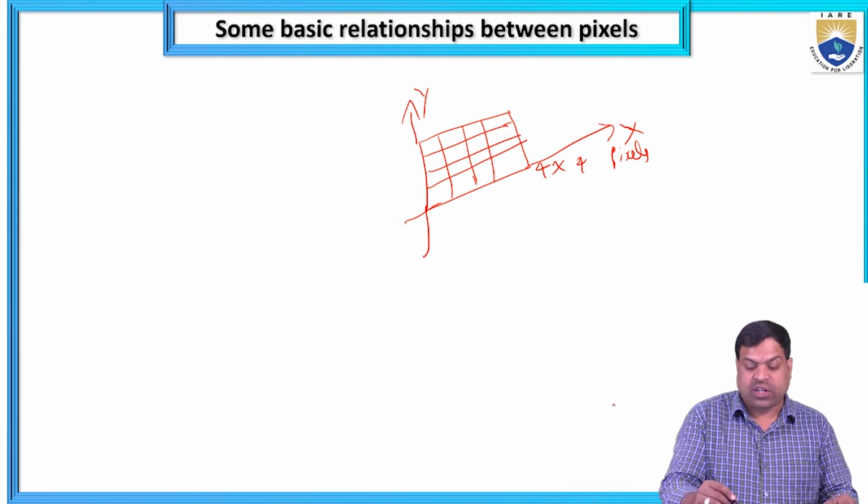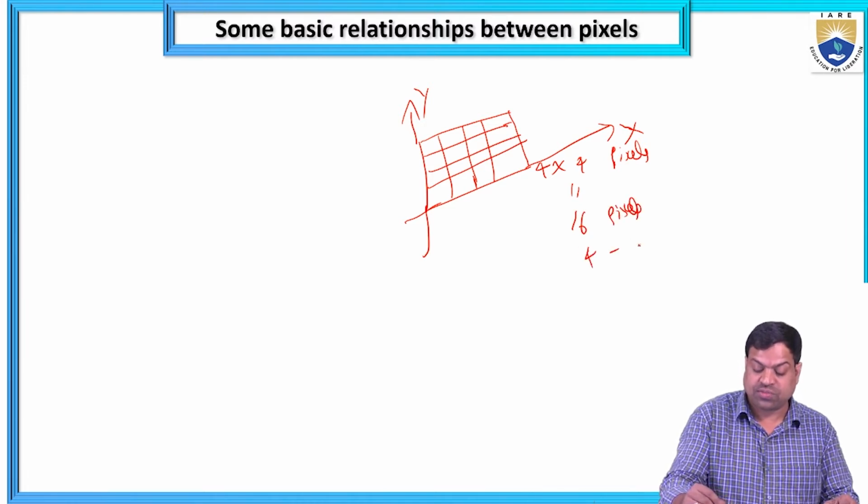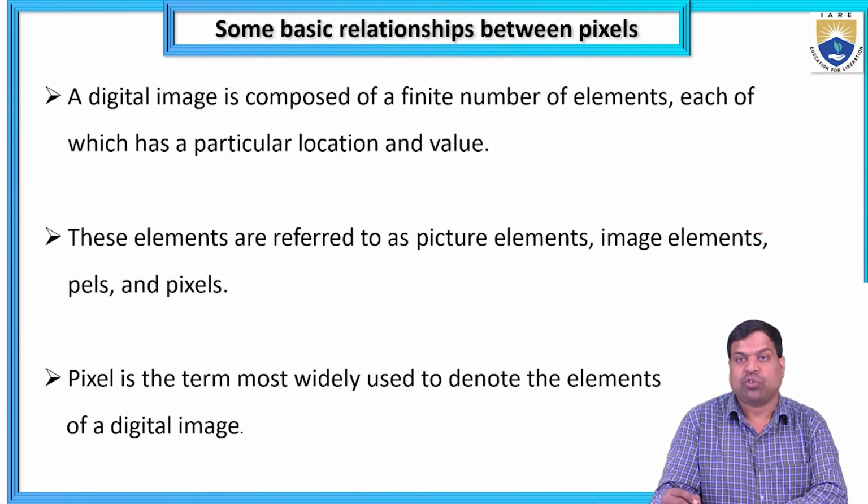How many are there? Total 4 into 4 equals 16 pixels are there. That means 4 rows and 4 columns. So total 16 means 4 rows and 4 columns.